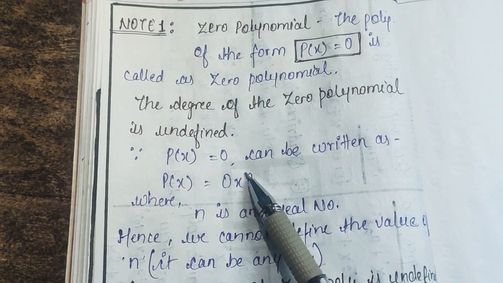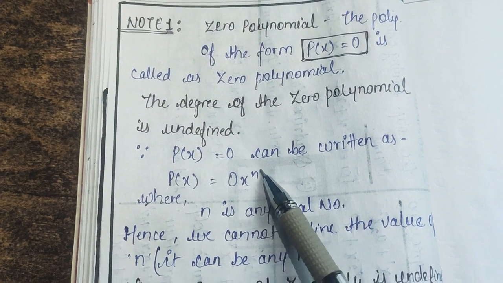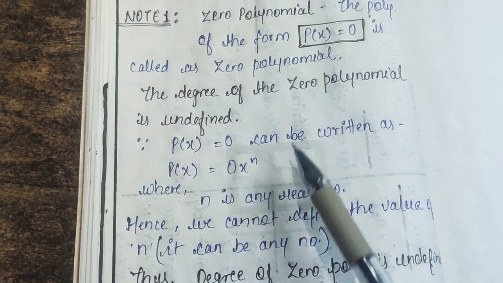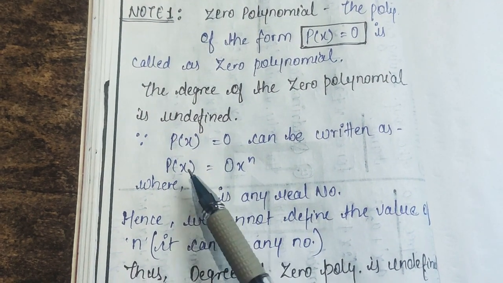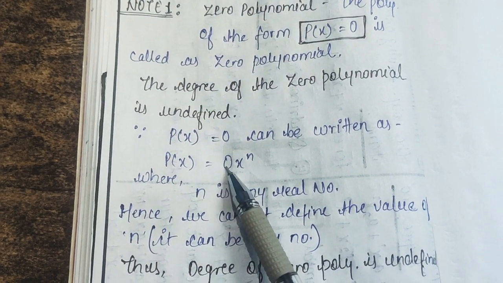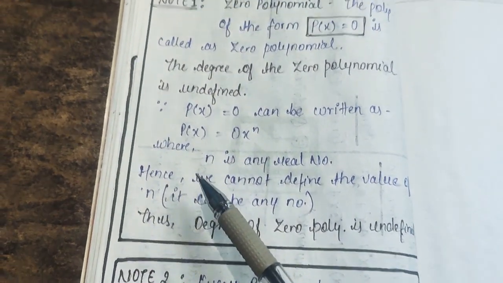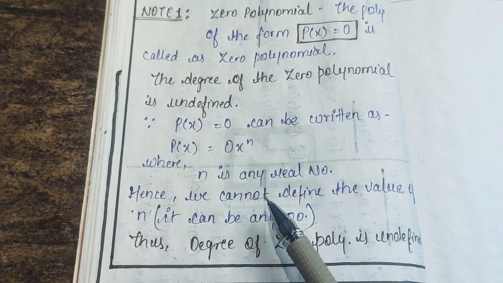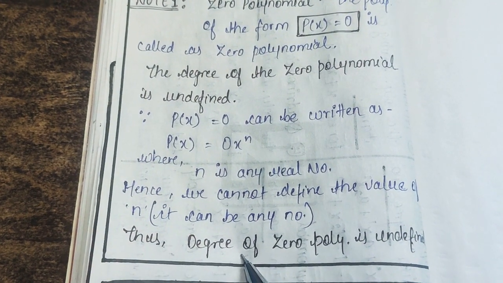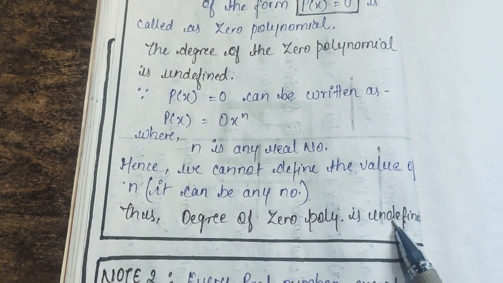N can be anything. So here you cannot fix any real number. Therefore, the degree, the highest power you can say, of the polynomial p(x) equals 0 can't be defined, can't be fixed. So you say that the zero polynomial has undefined degree. Hence, we can say that the degree of the zero polynomial is undefined.